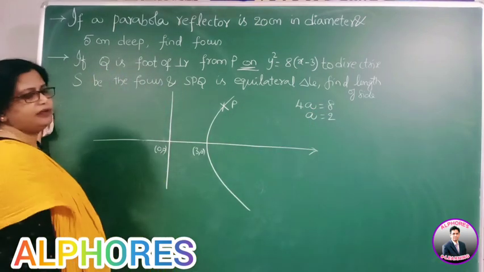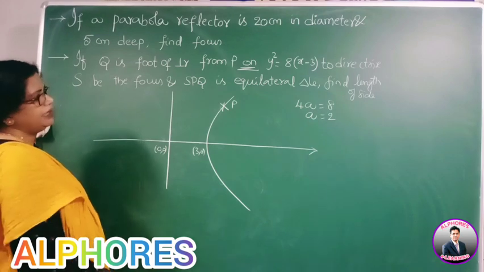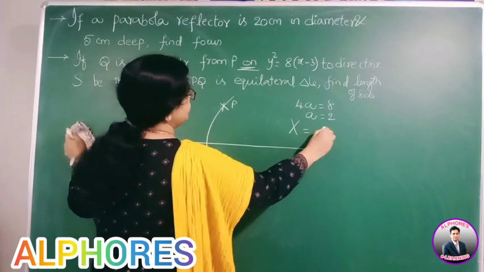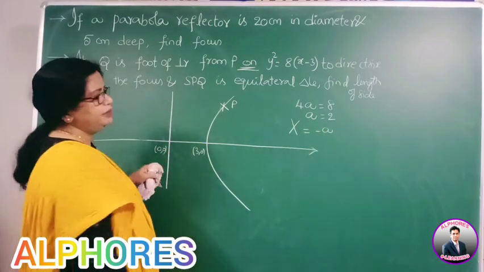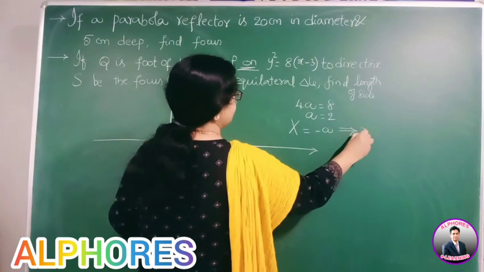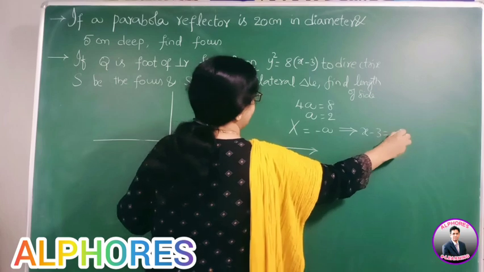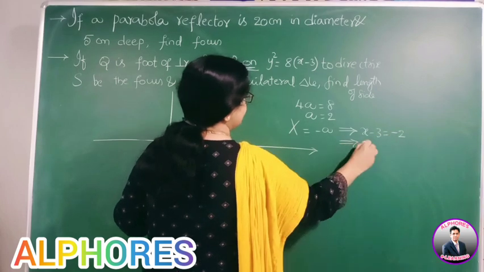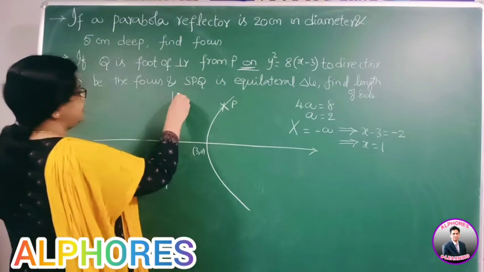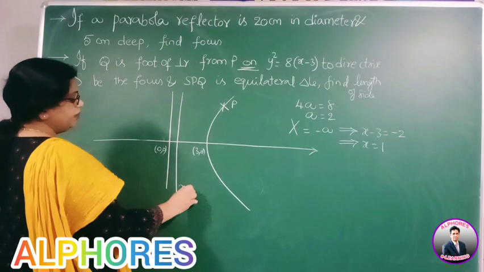So a equals 2, 4a equals 8, and thereby the equation of the directrix, by the formula, is x equals minus a. In place of x you have x minus 3, and that equals minus a, that means minus 2. That implies x equals 1.